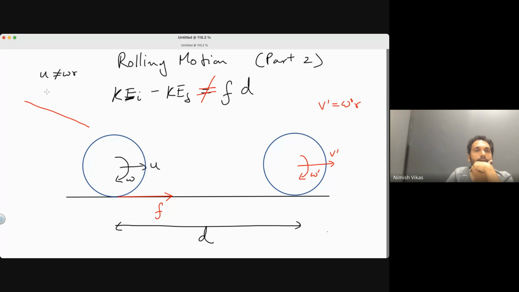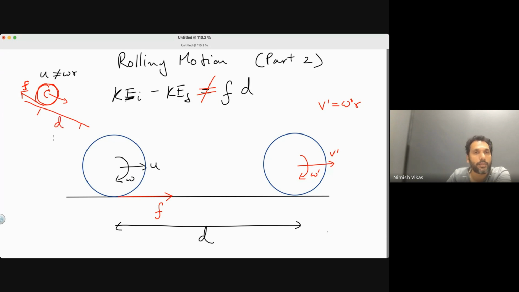Say there is an inclined plane and a body is pure rolling down. Since it is pure rolling, there must be something which gives the torque to pure roll, and there is friction over there. There is friction, then only it will pure roll down. Otherwise, it would have slid down. Instead of sliding down, if there is enough friction, it will pure roll down. And it rolls down d amount.